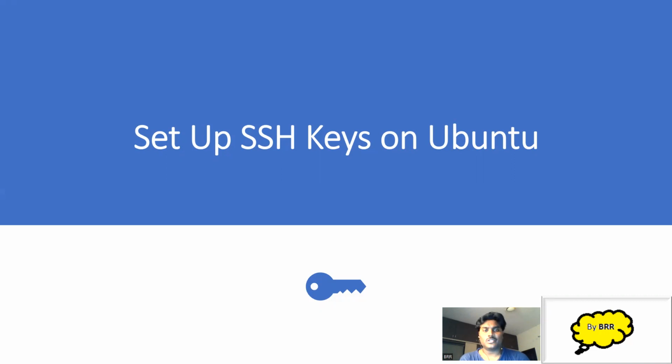Now, in this session, we'll talk about how the communication is going to happen between the Ubuntu server and a remote host. There might be some way to connect with remote machines.